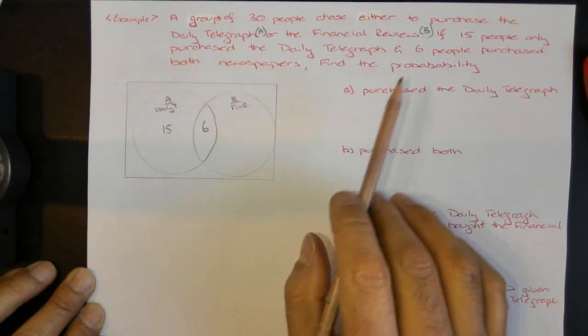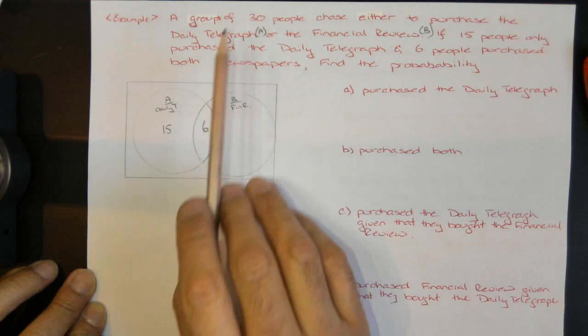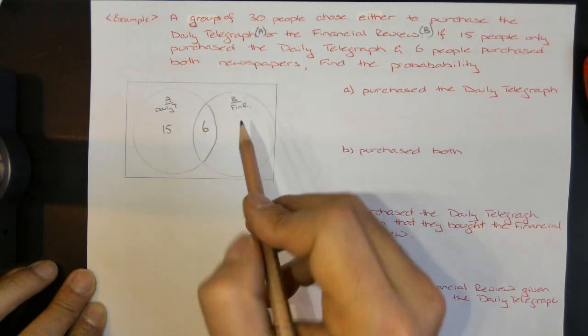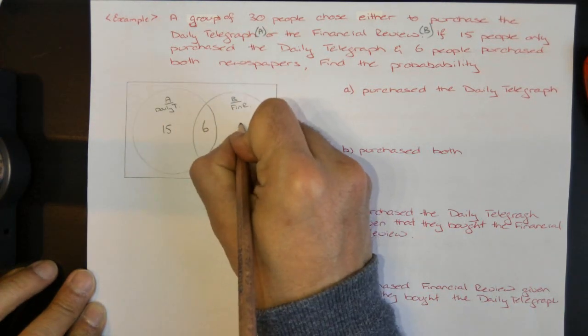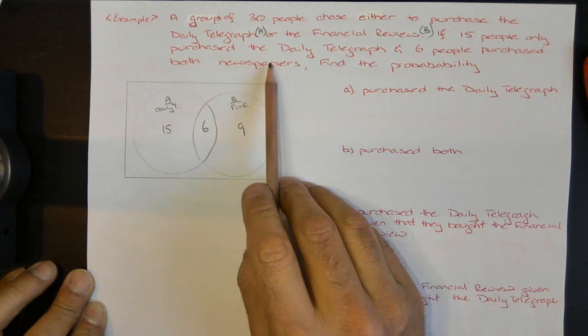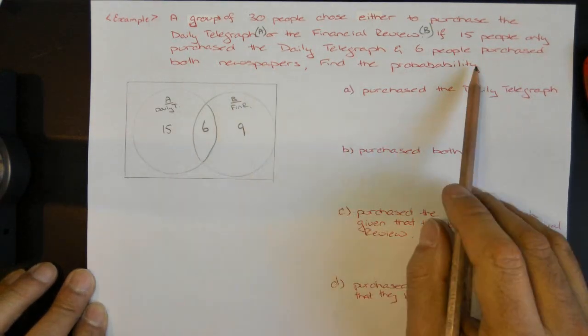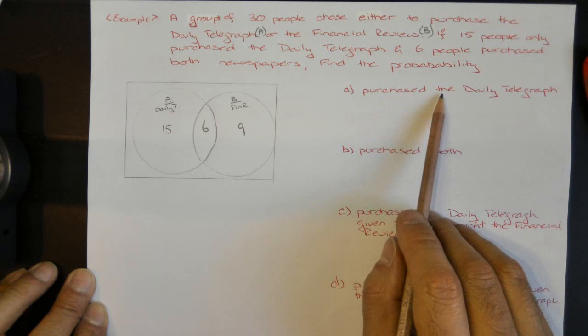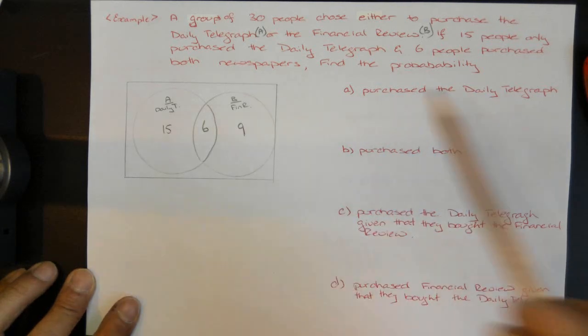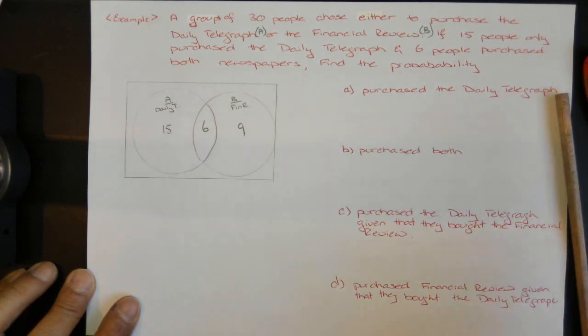Alright, so there's 30 people, so 15 plus 6 is 21, so I should have 9 people purchase only the Financial Review. We want to find the probability that a person chosen at random purchased the Daily Telegraph.